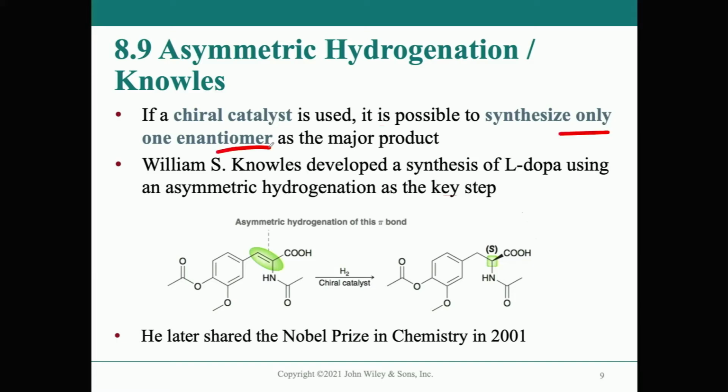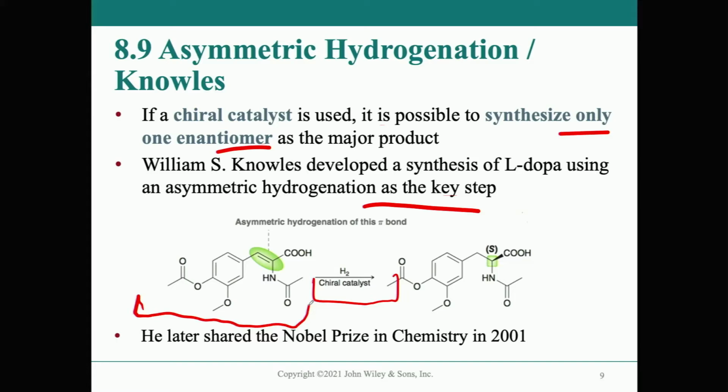So William S. Knowles developed a synthesis of L-DOPA using asymmetric hydrogenation as a key step. Here the chiral catalyst was used on this molecule. And this molecule is a precursor to L-DOPA, which is a derivative of an amino acid.